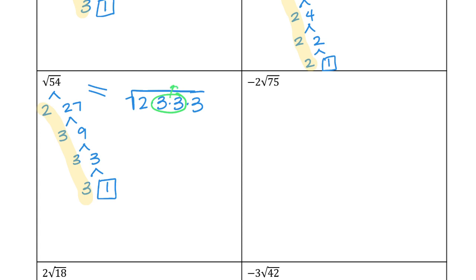So that means one pair, or one 3, goes out of the radical. There's nothing else outside the radical, so we just have that one 3 out here. Inside the radical, we're left with a 2 and 3. Whatever's left over, we multiply those. 2 times 3, which is 6.